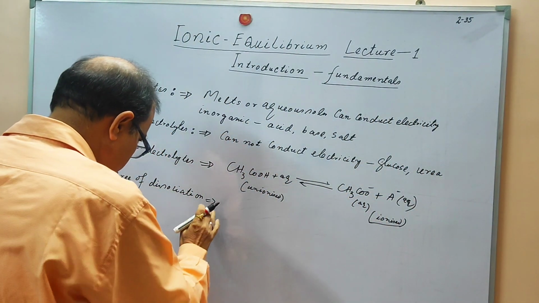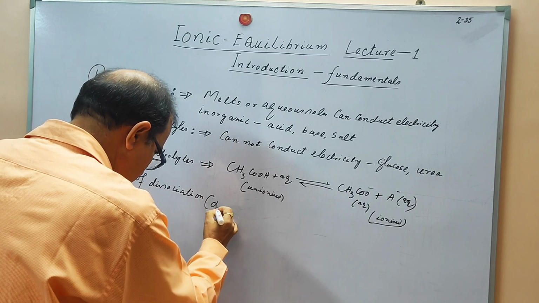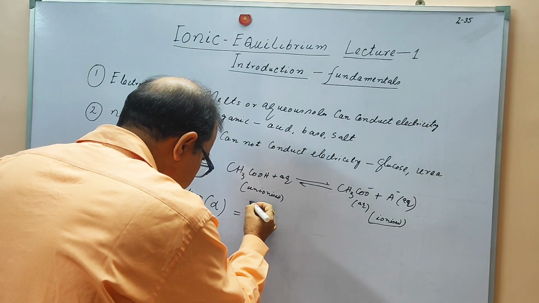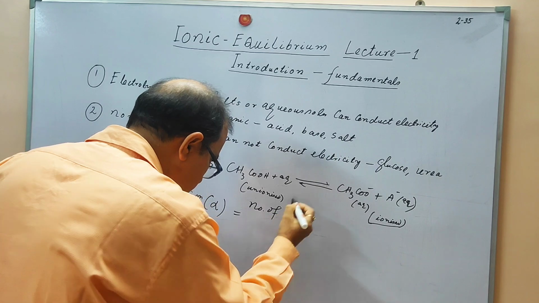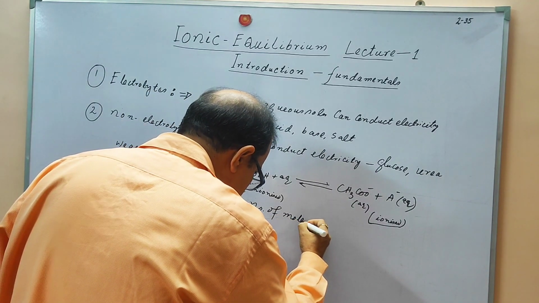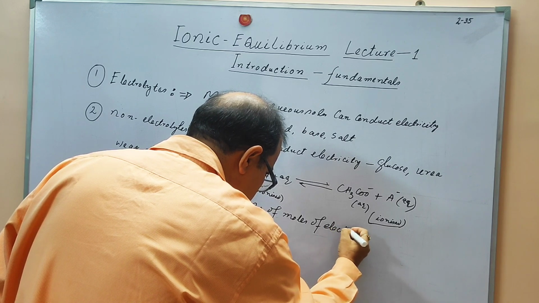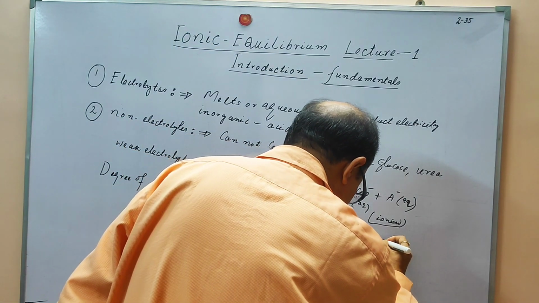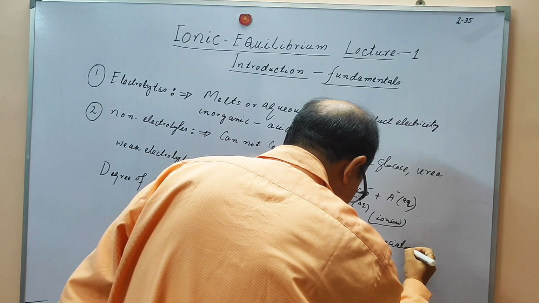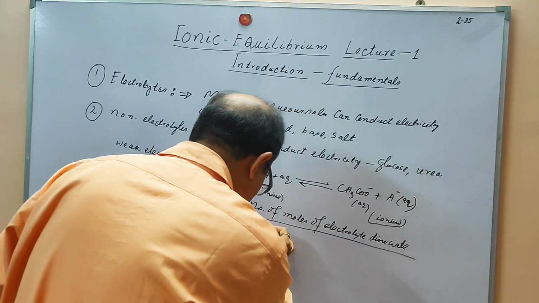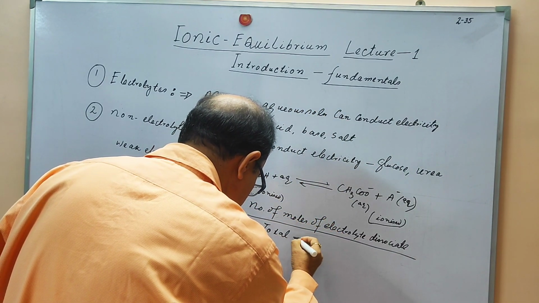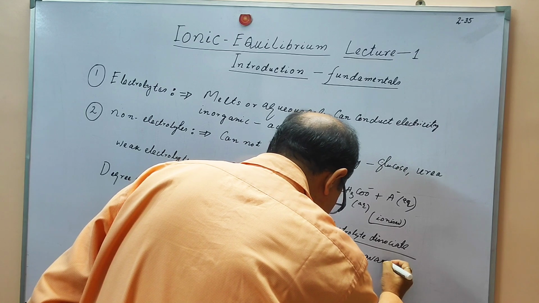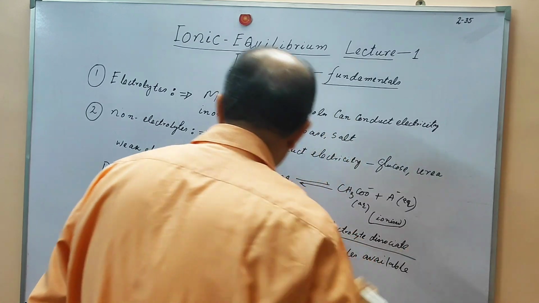So we can write the degree of dissociation, denoted by alpha, in the form: number of moles of electrolyte dissociated divided by total number of moles available. That is the degree of dissociation.